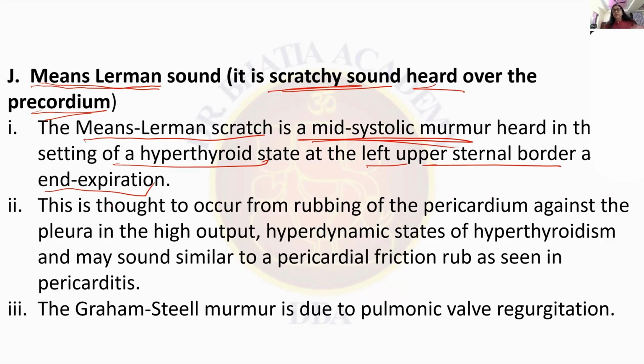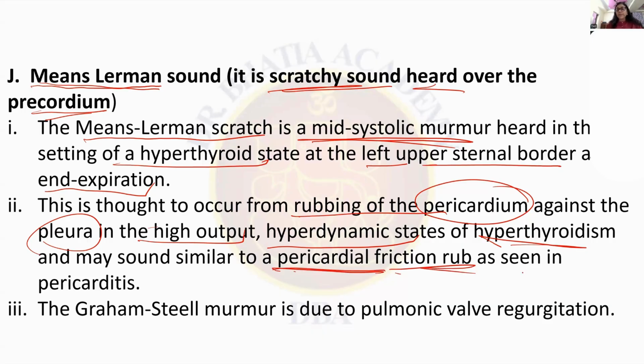Because जब आप end of expiration में, when the heart is rubbed against the pericardium, it is thought to occur from rubbing of the pericardium against the pleura in the high output hyperdynamic states of hyperthyroidism. And it is just similar to the pericardial friction rub, which is seen in pericarditis.